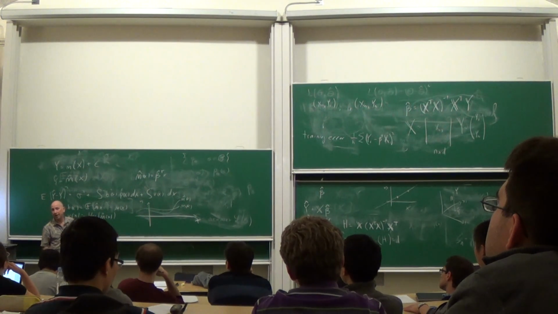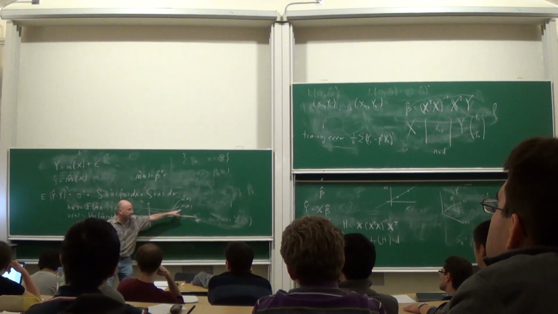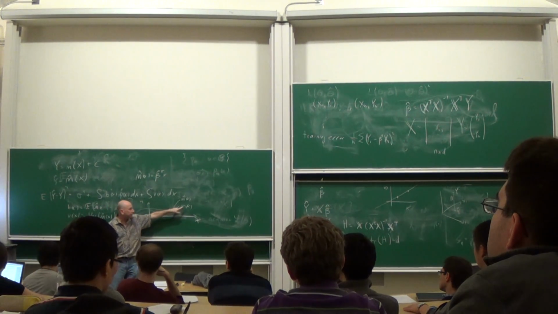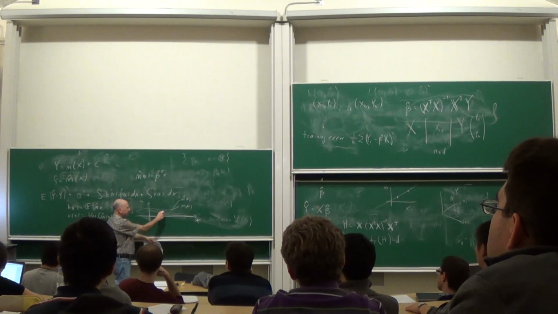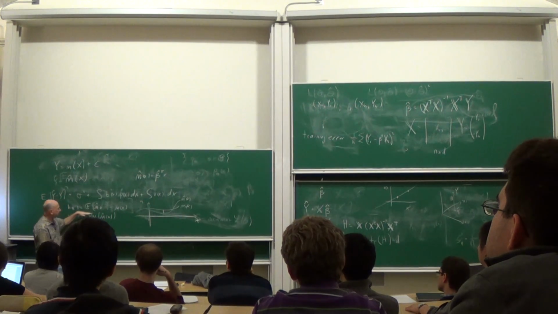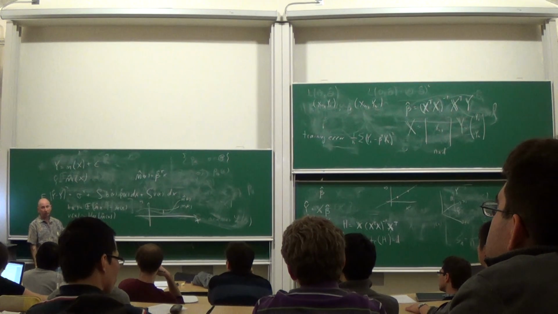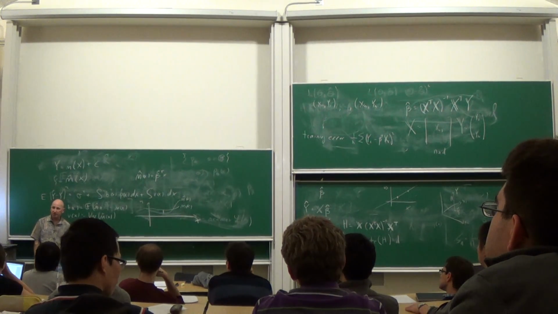And the training data are random. If I gave you a different training data set, the true m of x would stay the same, but your m hat of x would change. And at any given x, we can compare these, and there's a bias and there's a variance. So the bias is just the mean minus the truth, and the variance is just the variance of that, where again, the variance means over the randomness of the training data.